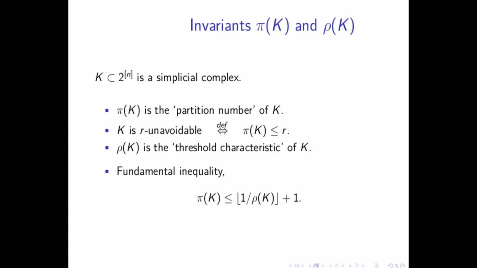Essentially, we say that partition number is less or equal to r if and only if K is r-unavoidable. So it should say K is minimally r-unavoidable. I mean, it is r-unavoidable and not r minus 1 unavoidable.